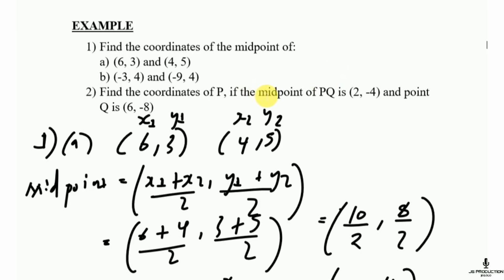Here we are trying to calculate the coordinates of P, and we have been given the midpoint, which is 2, comma negative 4, and we have only been given point Q, which is 6, comma negative 8.